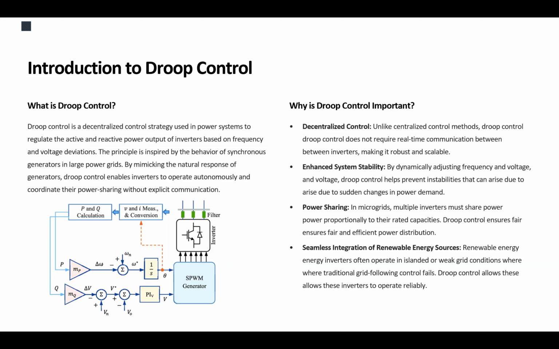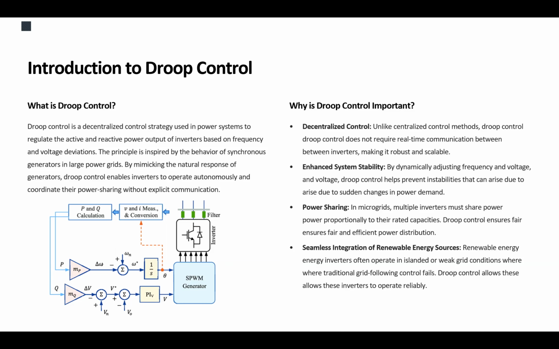So every grid following inverter connected to the grid has to match itself with the frequency of the grid as a central entity. Eventually, if you zoom out, all their control systems are basically centralized, because they are dictated by one entity.